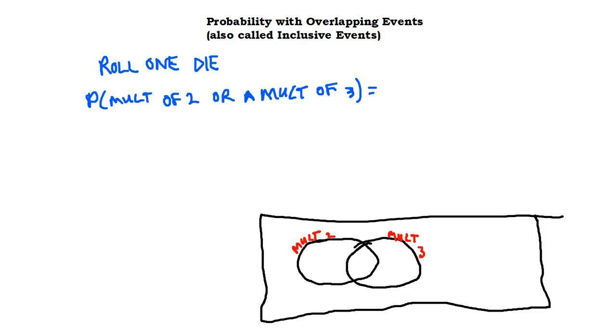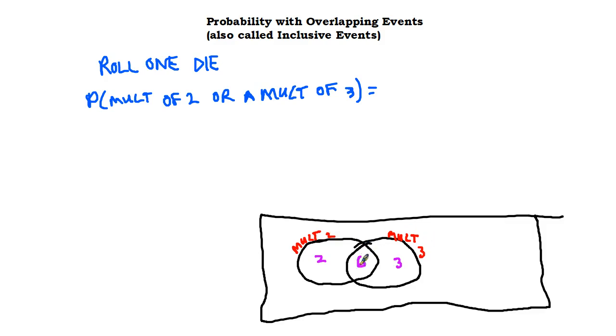Okay, and so now we're going to take a look at what those events look like. What are the possible outcomes in each of those? Well, multiples of 2 could be 2 and something else, and multiples of 3 could be 3 and something else, but it turns out that 6 is a multiple of 2 and a multiple of 3.